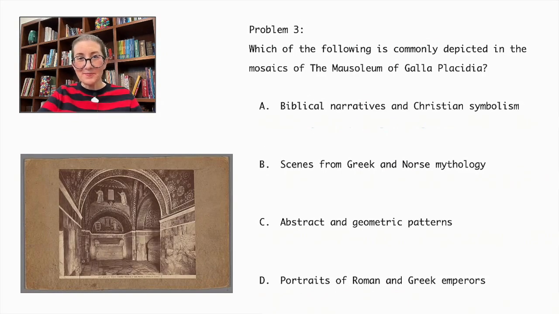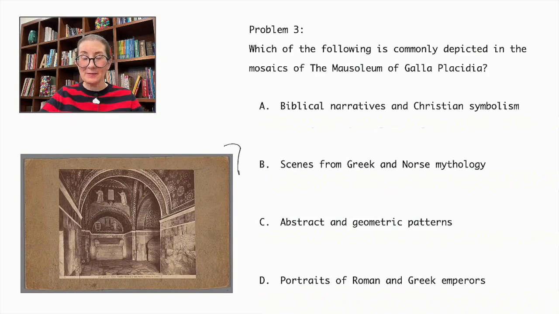Problem number 3. Which of the following is commonly depicted in the mosaics of the mausoleum of Galla Placidia? Shown here. Biblical narratives and Christian symbolism, scenes from Greek and Norse mythology, abstract and geometric patterns, or portraits of Roman and Greek emperors.